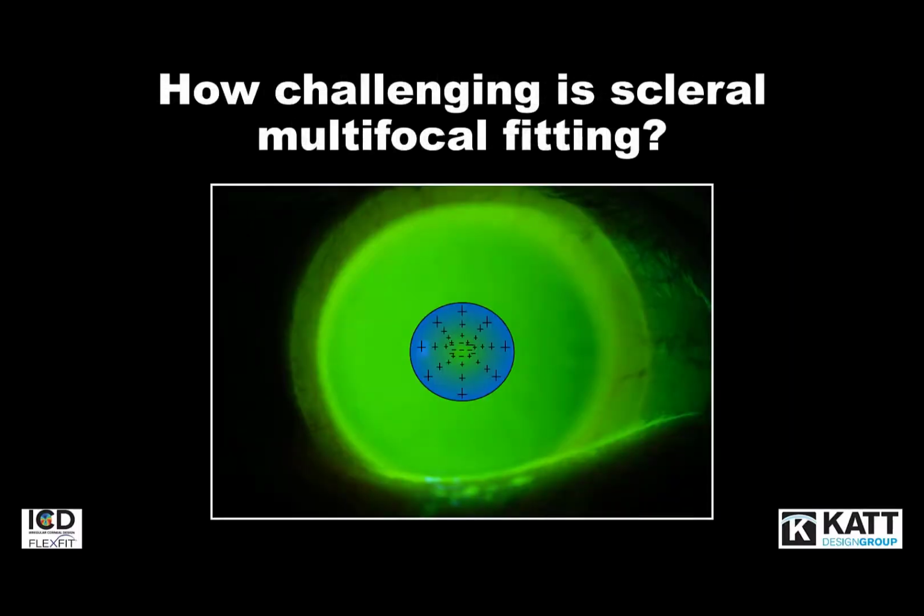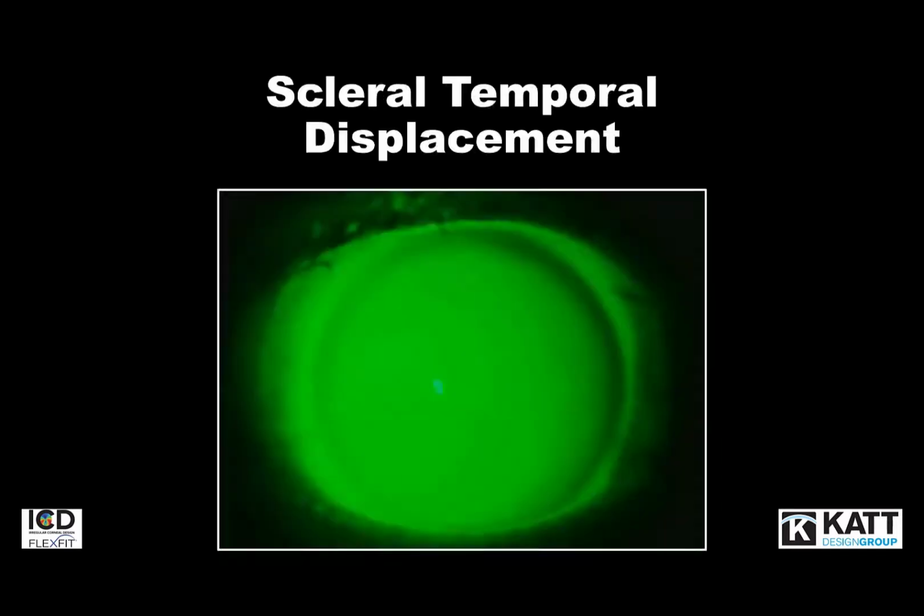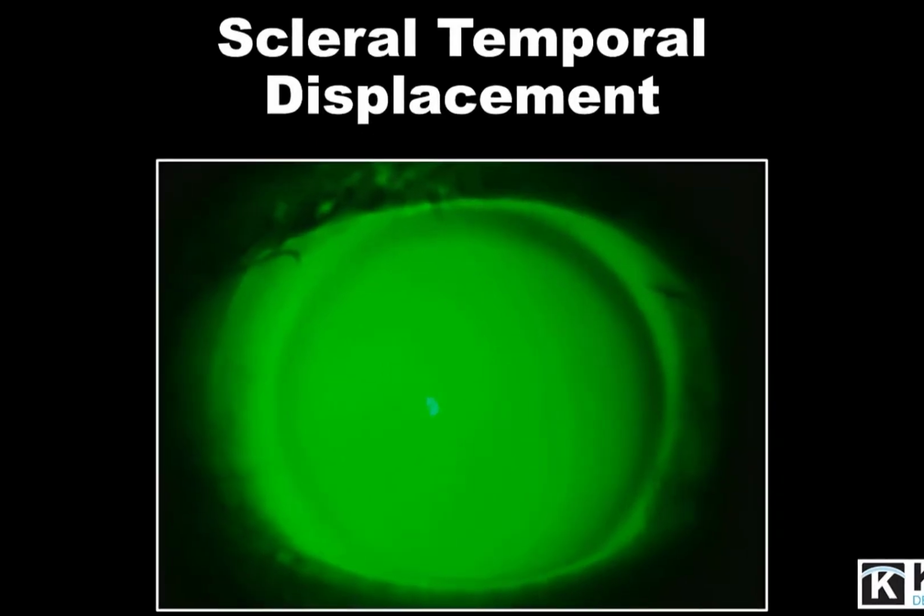Let's review some of the challenges of fitting scleral multifocal lenses and methods for optimizing the outcomes for patients. Experienced scleral lens practitioners will know that it's typical for the lenses to decenter temporal and inferior.